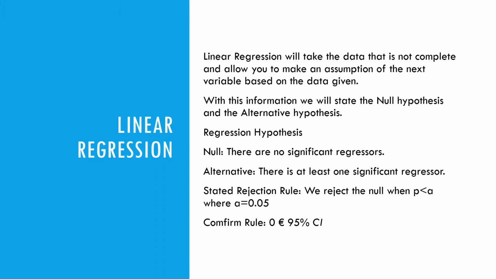And stated, we have a rejection rule. We will reject the null when the p is less than alpha, where alpha is 0.05. And we'll have a confirm rule of 0 at 95% CI.